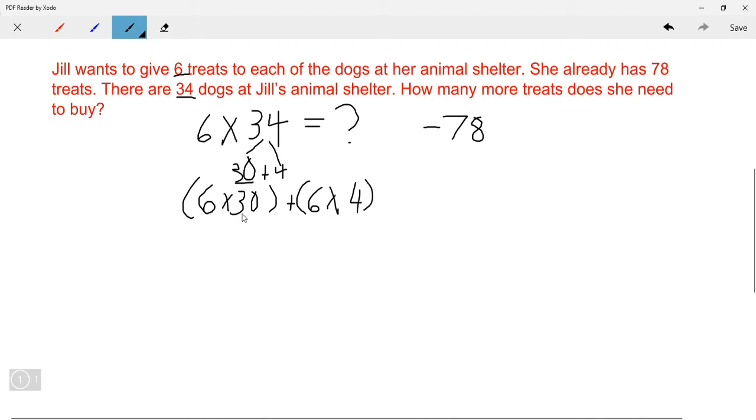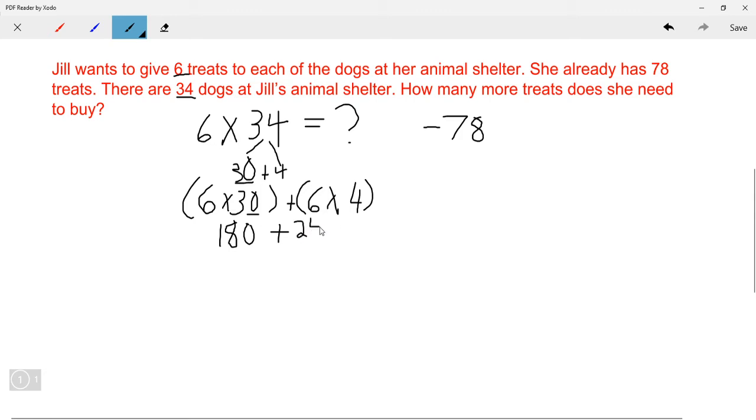Okay, so 6 times 3 I know is 18, and then I'm going to add the 0 at the end, because we're not multiplying by 3, we're multiplying by 30, so it becomes 180, and then I know 6 times 4 is 24.